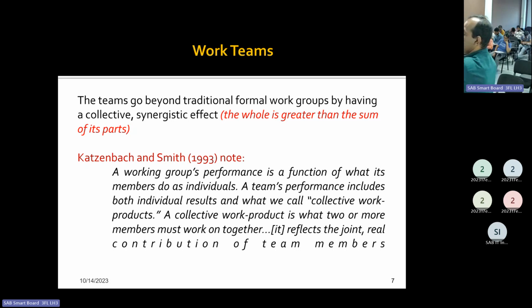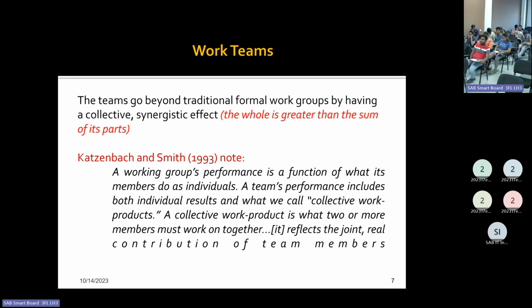It is explained here. The working group performance is a function of what its members do as individuals, or independently, not interdependently. The team's performance includes both. In a team, both should be there. They have to do individual work as well as the collective work, in parallel.